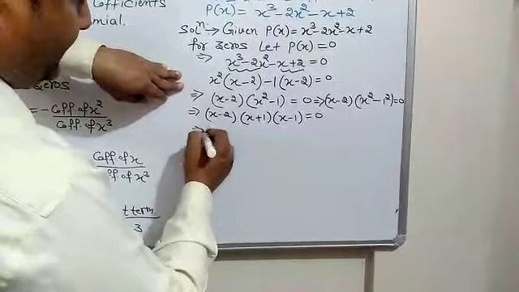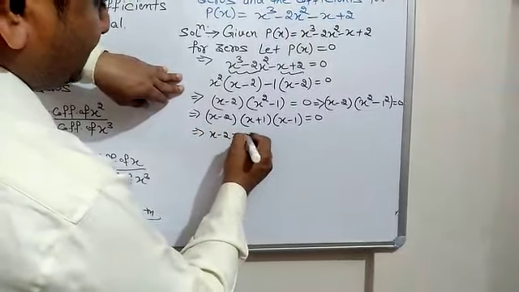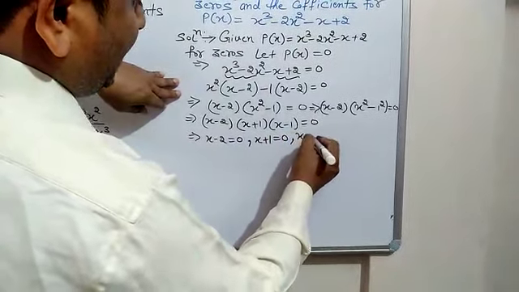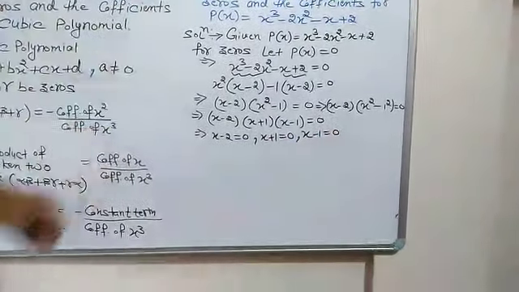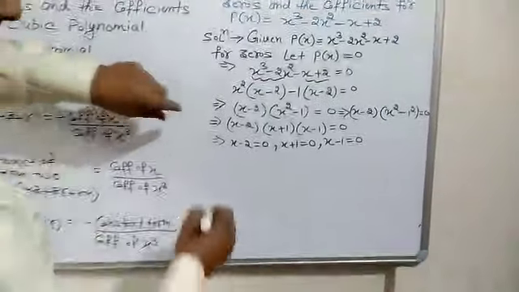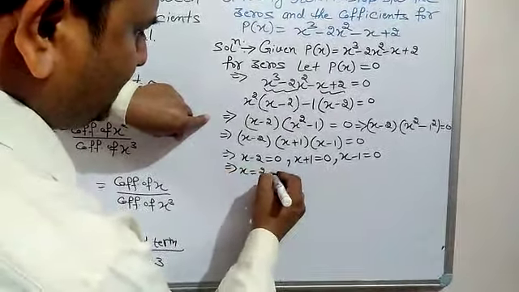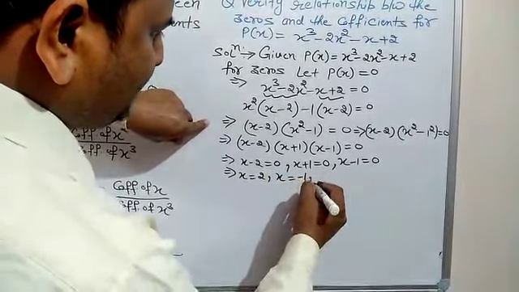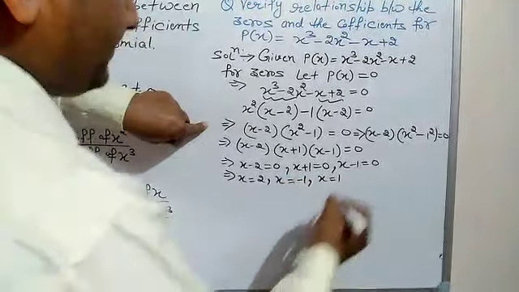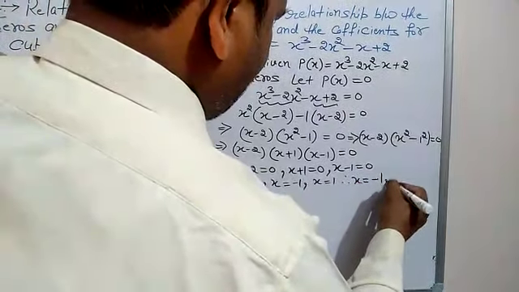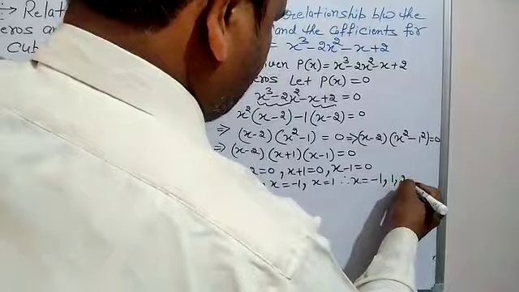So x minus 2 is equal to 0, x plus 1 equals to 0, x minus 1 equals to 0. So from this we can easily get our zeros. It further implies x is equal to 2, x is equal to minus 1, x is equal to 1.